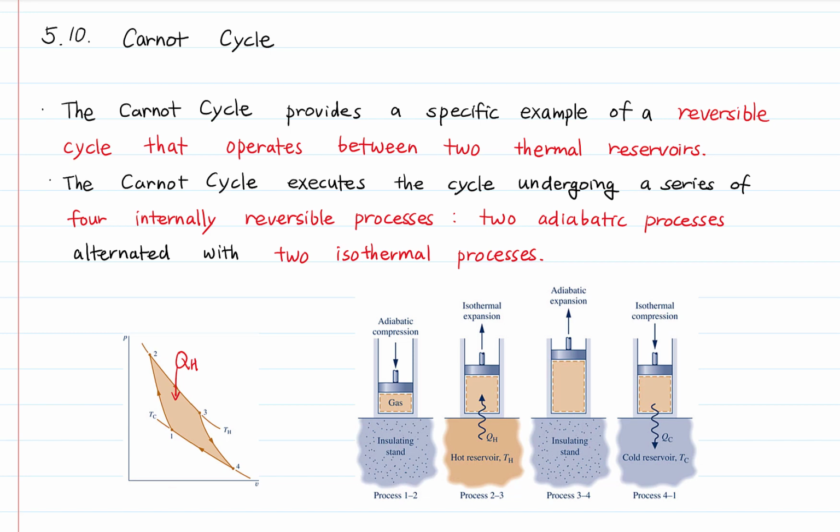The specific volume increases from V2 to V3 while maintaining the temperature constant. Imagine that the system is in direct contact with the high temperature reservoir and maintains thermal equilibrium with it.